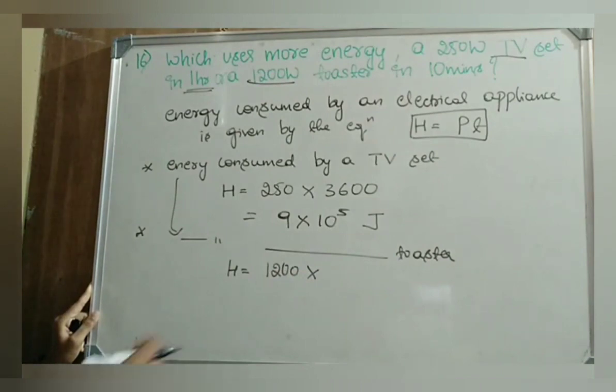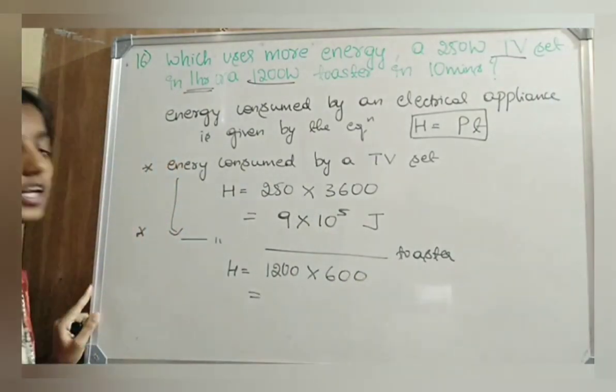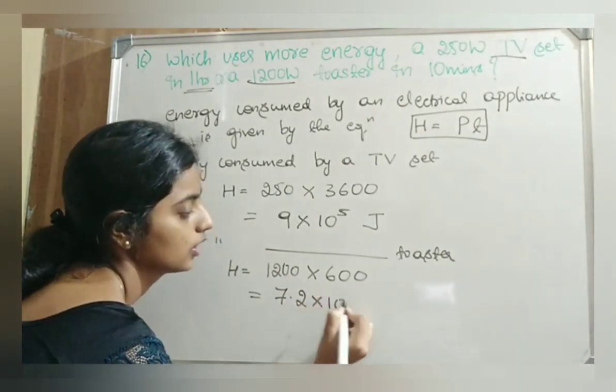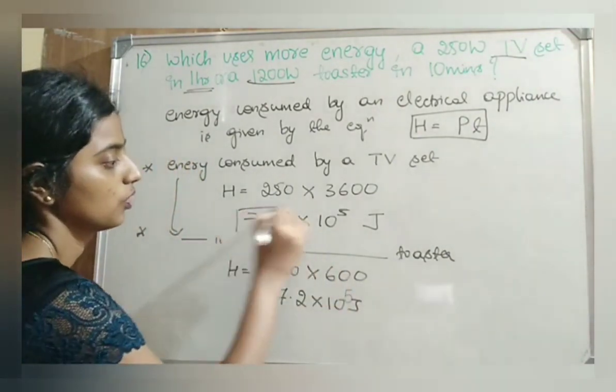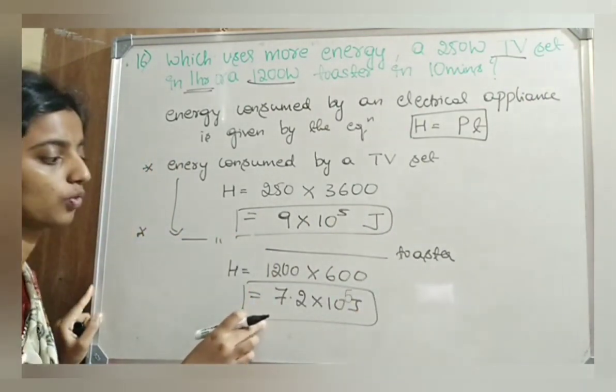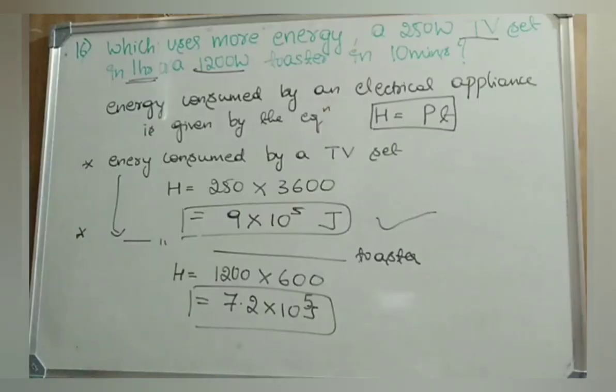In a similar way, we will get 600 seconds, and calculate, and the answer will be 7.2 into 10 to the power 5 joules. Now identify which one is more of these two answers. Which one is more? 9 into 10 to the power 5, right? Now we can say that the energy consumed by a 250 watt TV set in 1 hour is more than the energy consumed by a toaster of power 1200 watt in 10 minutes.